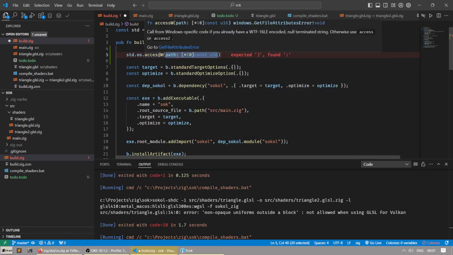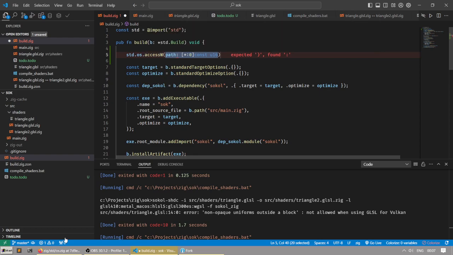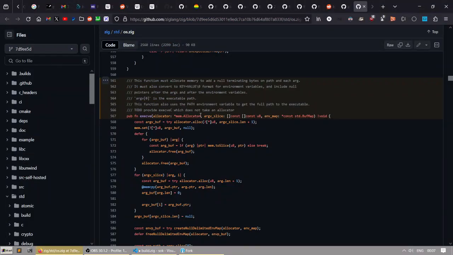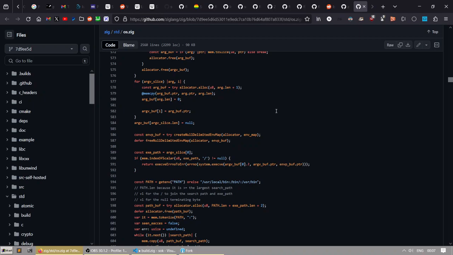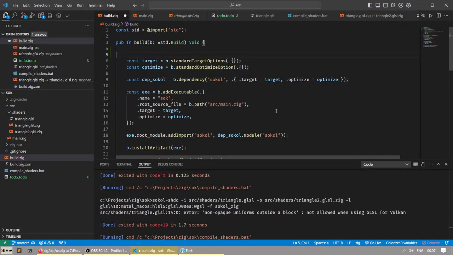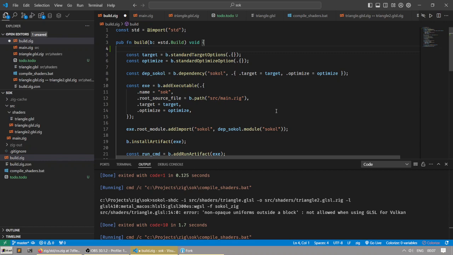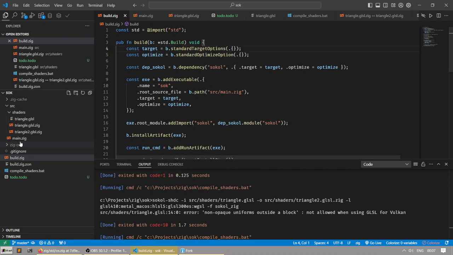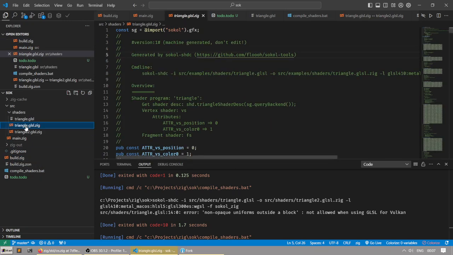What is access? Yeah, I'm already stumbling upon problems, so let's not do that. Let's just go draw a circle. I will figure this out some other time, unless somebody from chat knows how to do it.